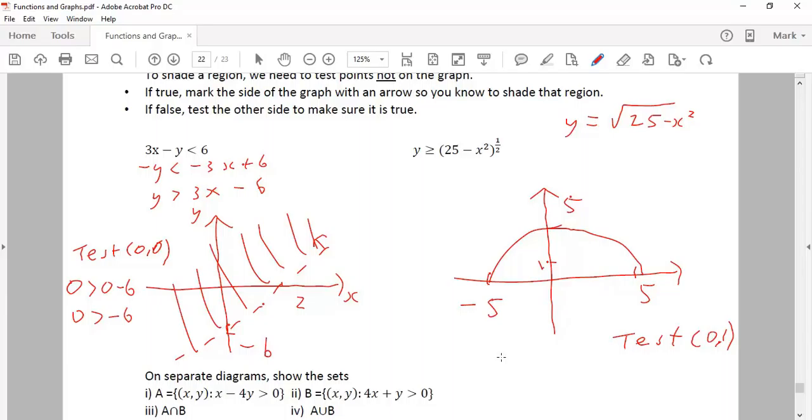So if y is 1, y is greater than or equal to the square root of 25 minus 0, which is going to be 5. So 1 is greater than or equal to 5. We know that's false. That means it's not going to be in this region. It's going to be on the outside, so we're just going to shade the outside area.